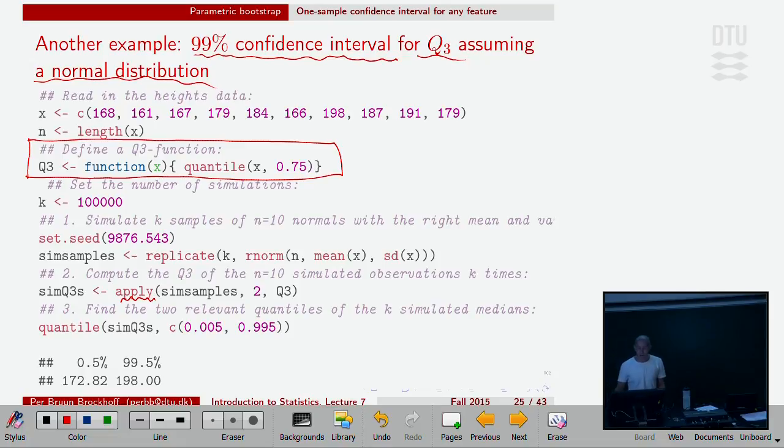If I know how to compute Q3 in R, the way I've taught you already back in chapter 2, I should use the quantile function in R and plug in the Q3 percentage, which is 0.75. Then I get the Q3 as an output. Well, then I just make a function of my own, specifying that the output of the quantile with 0.75 should be the output of my function.